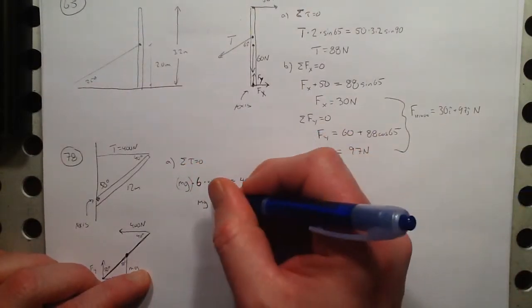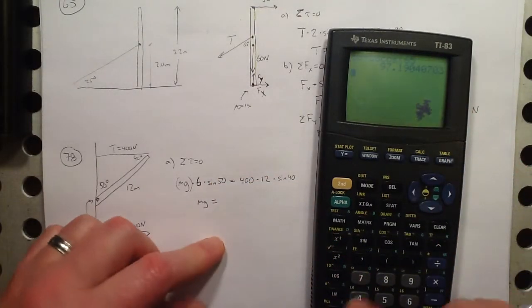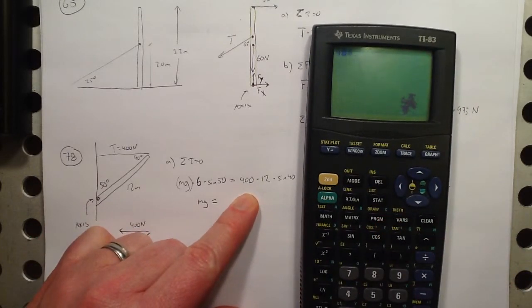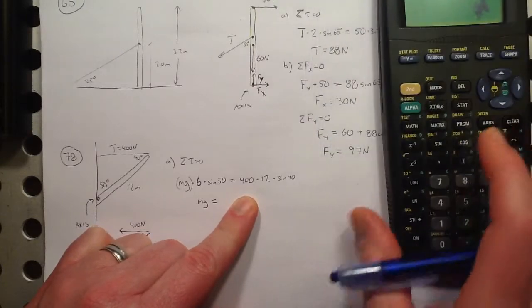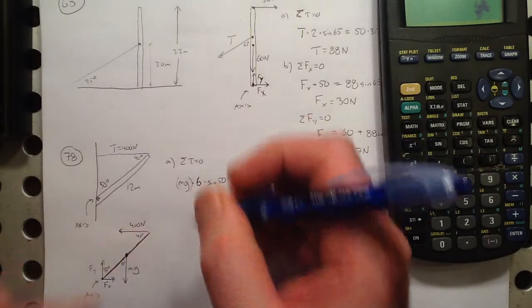We could, of course, find the mass easily by dividing by 9.8. That's not what they asked us to do. So 400 times 12 times the sine of 40 divided by 6 sine 50. That looks like about 670 newtons. That's part A.